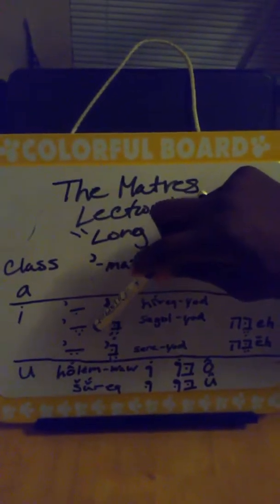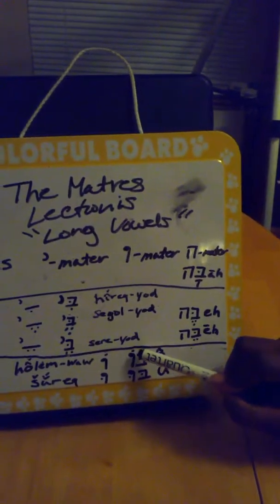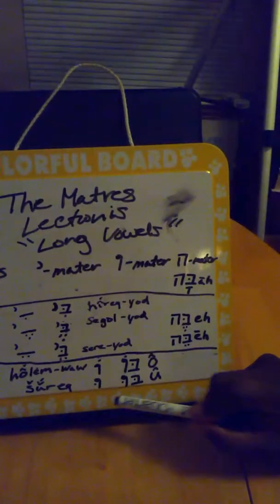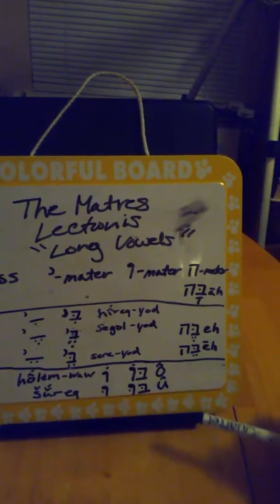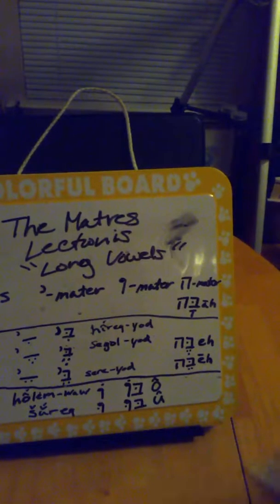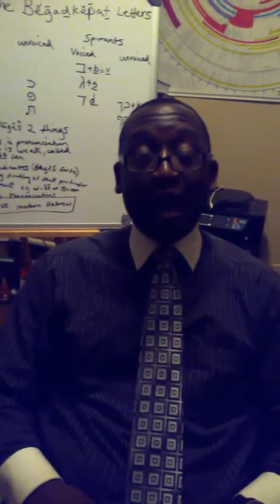And so I'm going to have a yod with the hireq, a yod with the segol, and a yod with the tsere. And the O sound would have a dot over the vav, and the U sound would have a dot right inside of the vav next to it. So there you have your long and short vowels in your Hebrew alphabet.